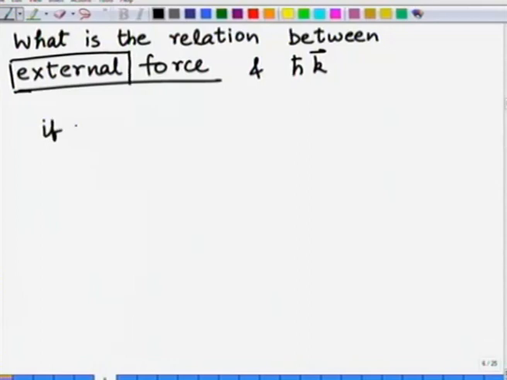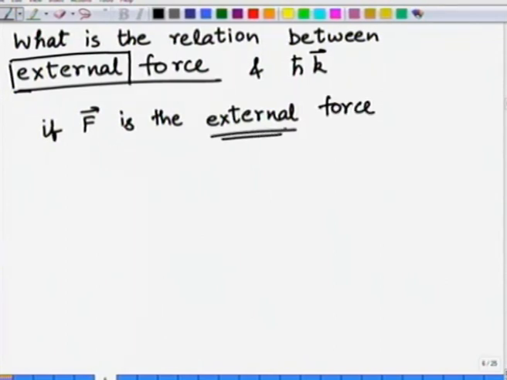If F is the external force that is applied, in that case, what is this quantity V dot F? Clearly, that is the rate of change of energy, that you know very well. Rate of change of energy is dE/dt, not del E/del t, but dE/dt is what this quantity is.